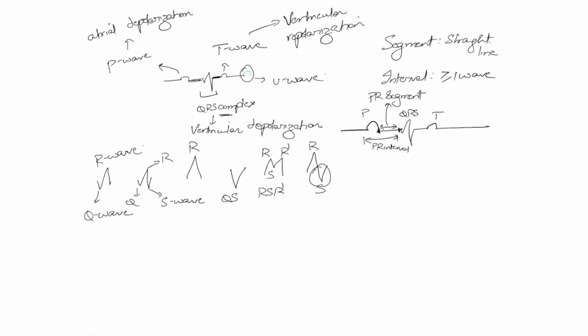We've already talked about the QRS, which is ventricular depolarization. Now, the segment between the QRS and T wave, so between ventricular depolarization and ventricular repolarization, would be the ST segment.